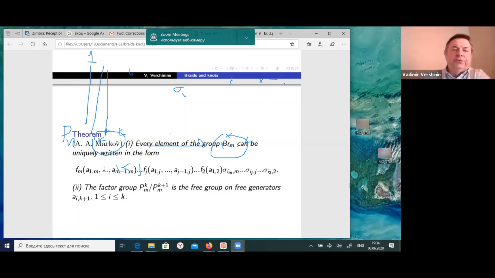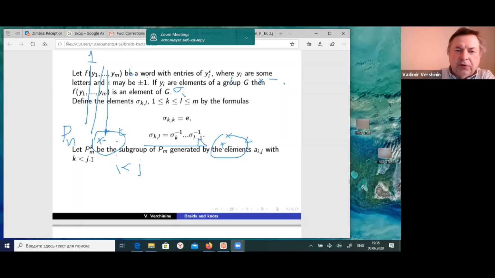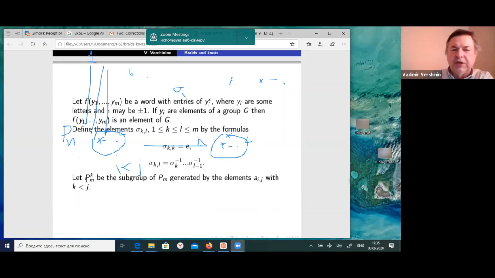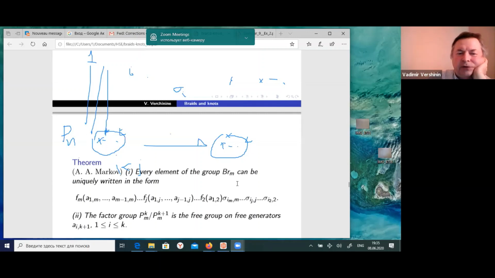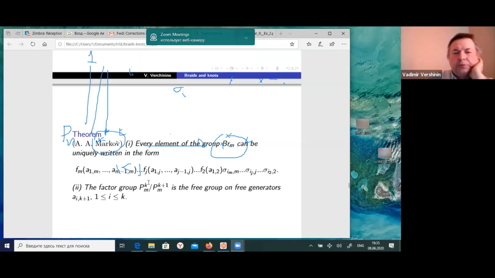I don't have time to go into details. I only want to mention that Markov constructed a series of subgroups. So suppose that this is the complete pure braid group, and this is the group generated only by the elements Aij with j greater than some element k, so only part of them. Then Markov proved that the quotient is a free group.